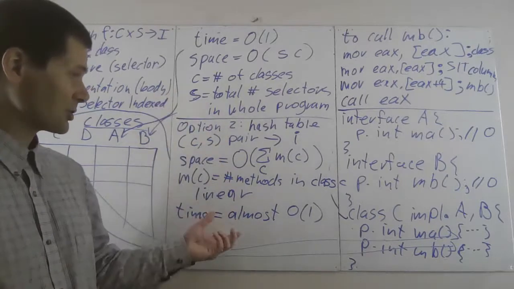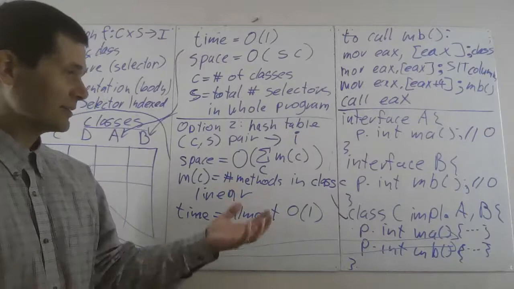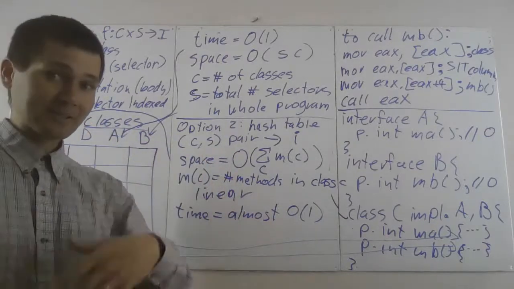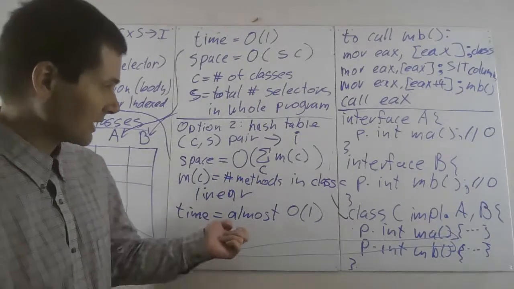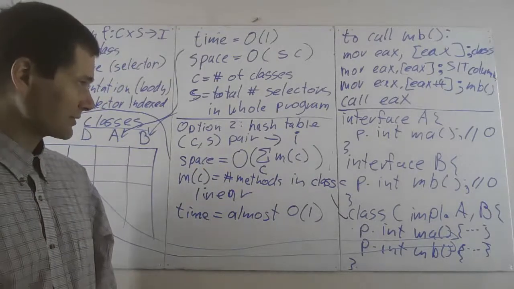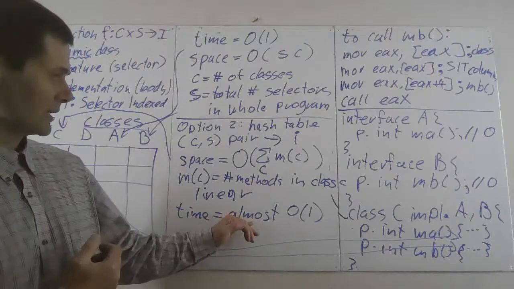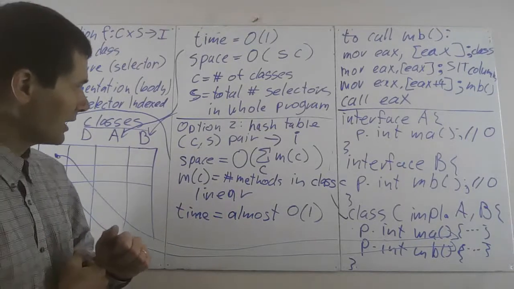So if you cache the method that you called last time and just check, do I have the same class? If yes, just call the same method implementation as last time. That's going to speed things up a lot in most cases. So there are all sorts of tricks to speed up that time constant.